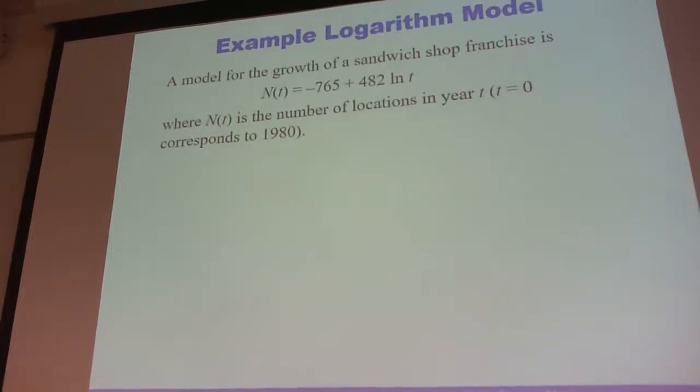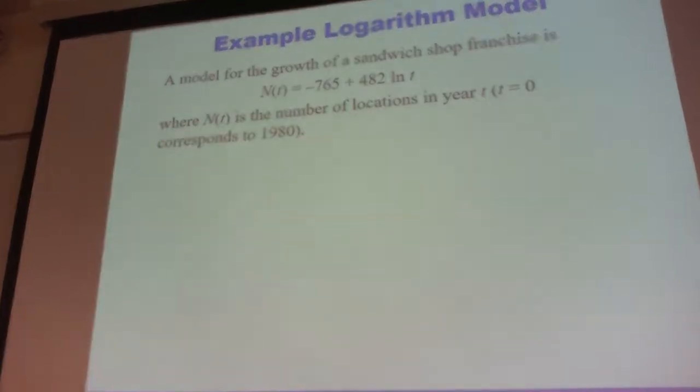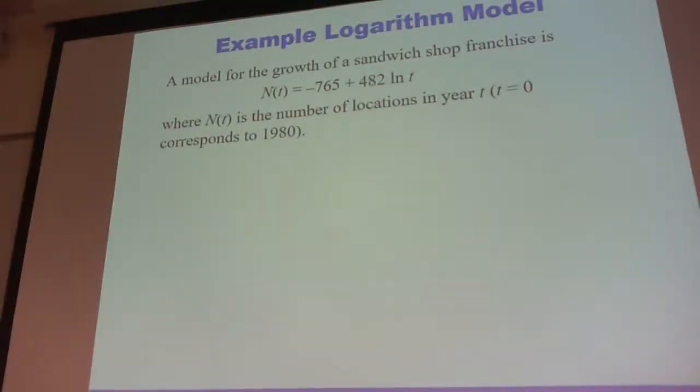Okay? Last word problem. Here's what I want you to do. I want you to do this on your own. Number one, write it down. Number two, write down input, output. Make sure you know that. Then you're going to take the derivative and estimate the number of locations at 2028.